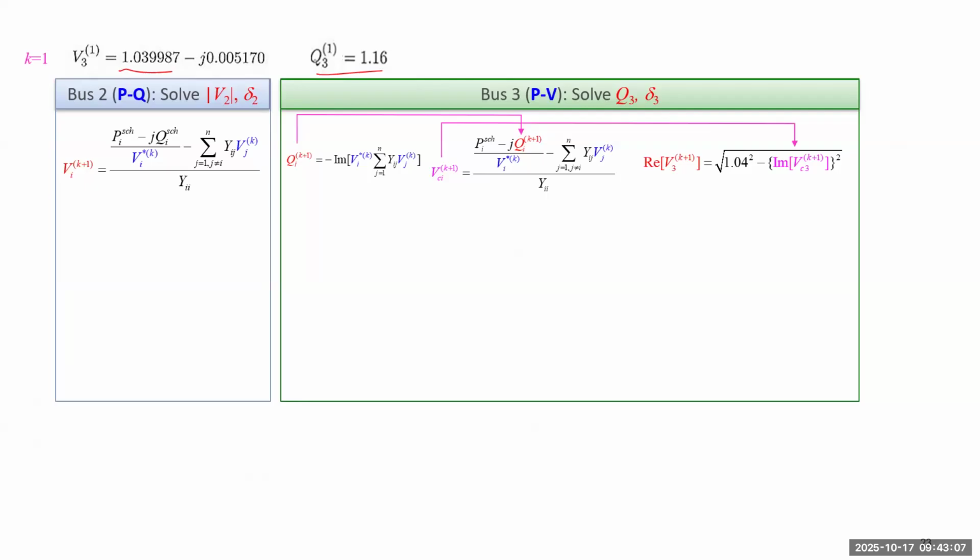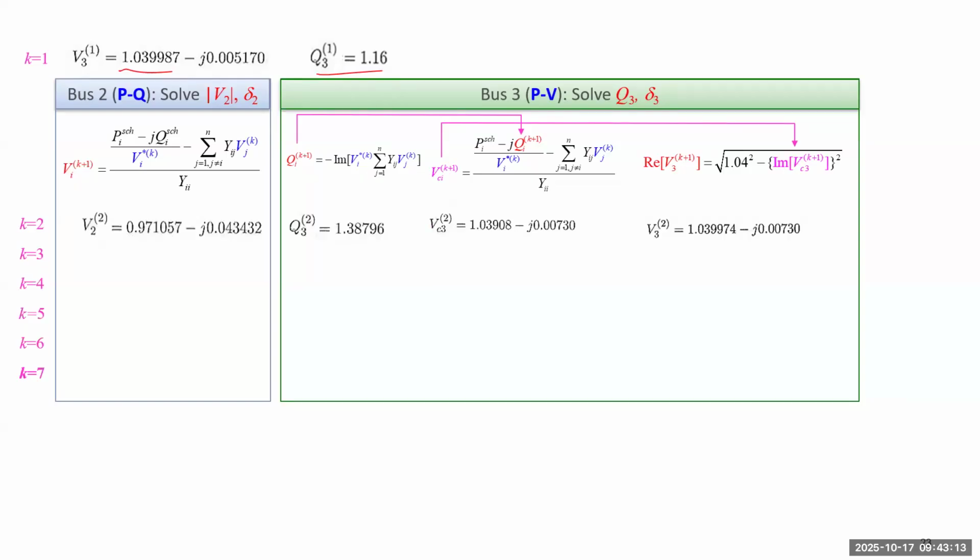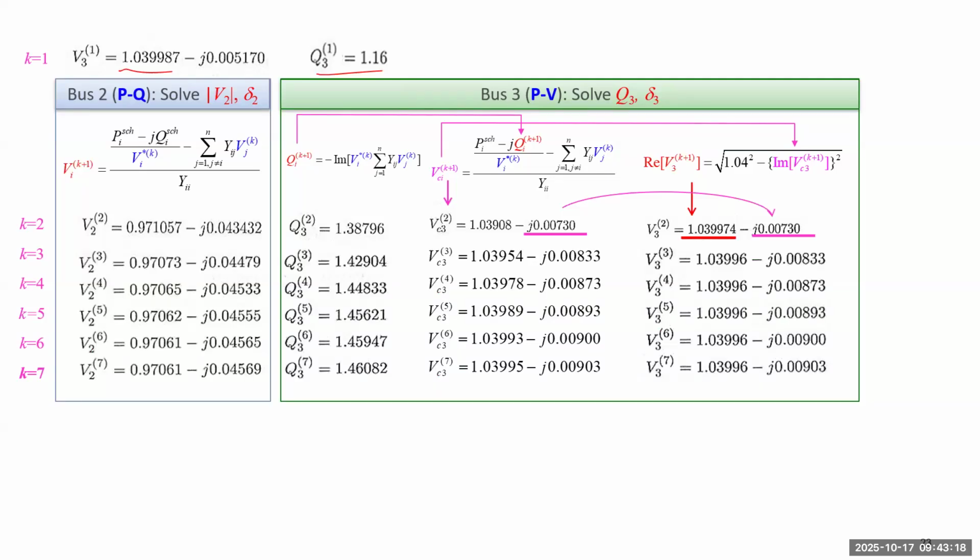I marked how the values are actually updated in those formulas. If we continue to iteration 2, then after the 7th iteration, we see the update only happens at the 5th decimal digit, which means we can stop here. So the error tolerance is less than 0.0001.